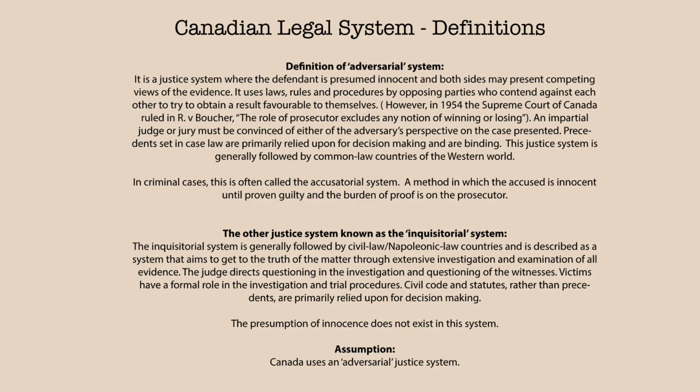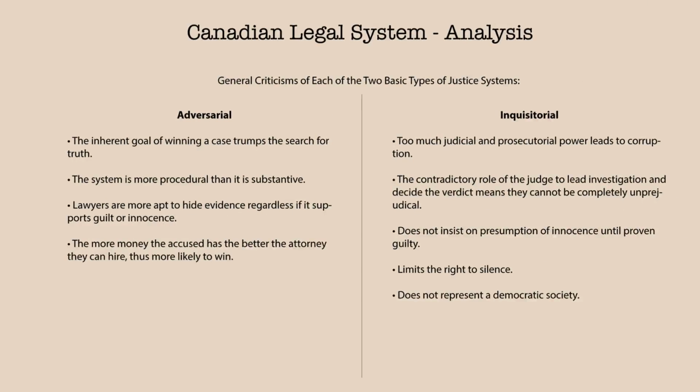Victims have a formal role in the investigation and trial procedures. Civil code and statutes, rather than precedents, are primarily relied upon for decision-making. The presumption of innocence does not exist in this system. So again, the general assumption is that Canada uses an adversarial justice system.